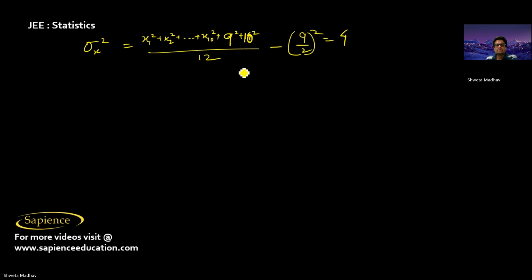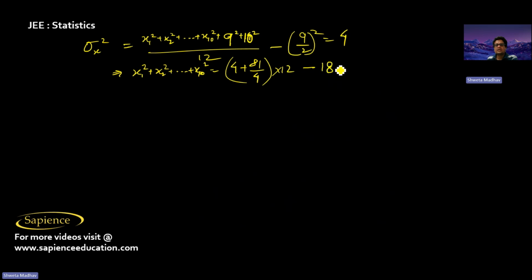Then you can say the sum of the squares of the first 10 observations, x1 square plus x2 square plus dot dot x10 square, that is equal to 4 plus 81 by 4, into 12 minus 181. Since 10 square is 100 and 9 square is 81. So this we need to find out.